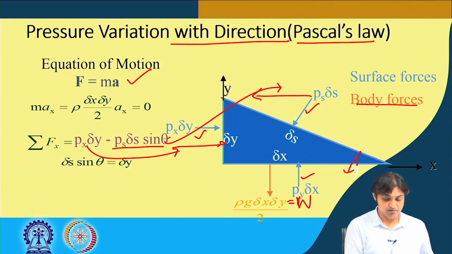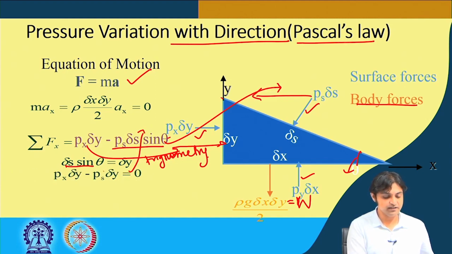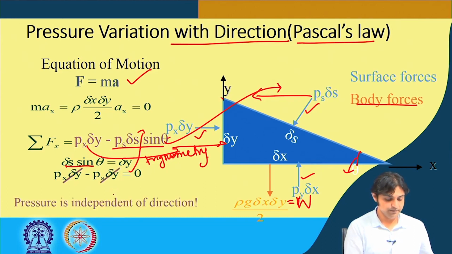We also know that delta s sin theta is equivalent to delta y because of trigonometry, right. Therefore, if we put delta s sin theta as delta y here, we are going to get Px delta y minus Ps delta y. It is very obvious now that delta y and delta y should get cancelled if they are not equal to 0. This gives us Px is equal to Ps. Okay.